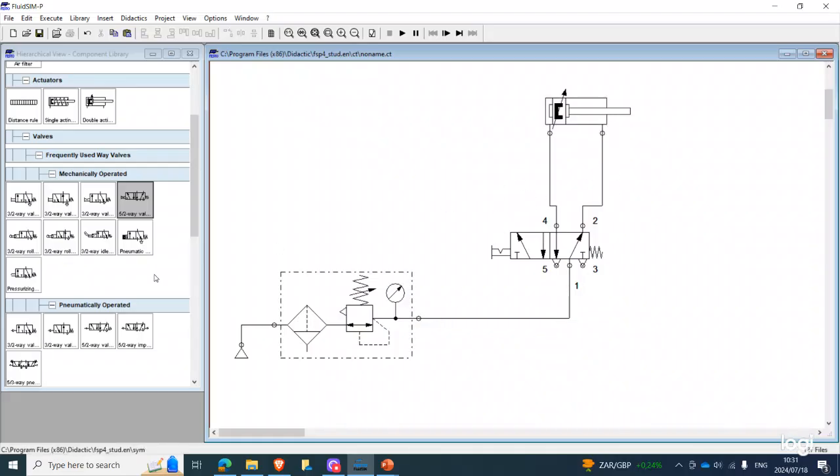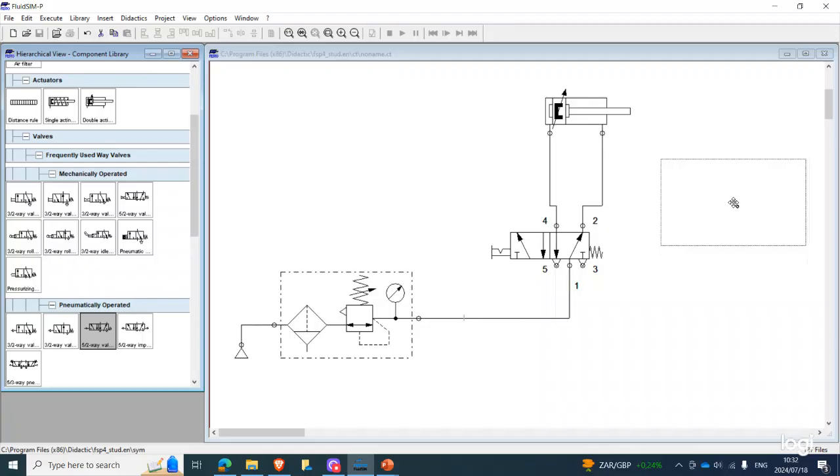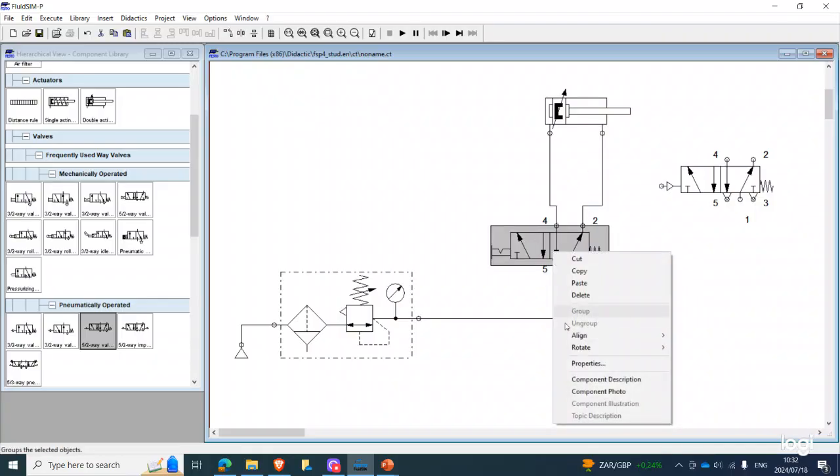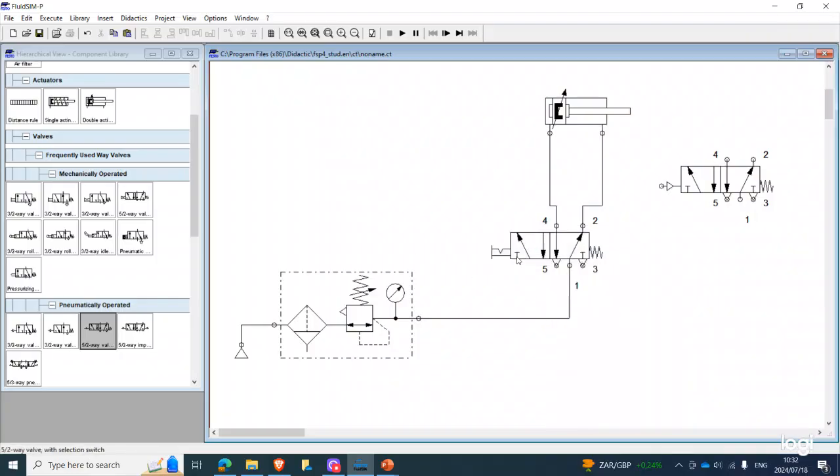So if now we go here, we're gonna use what we call a pneumatically actuated 5-way valve. We don't need this, because we're not gonna be actuating our double acting cylinder using a selector switch that is directly connected to the cylinder.